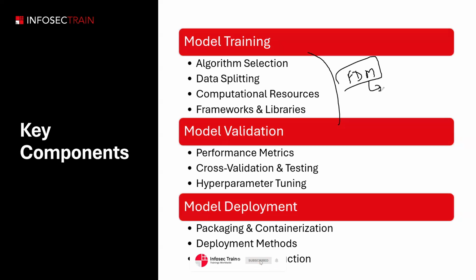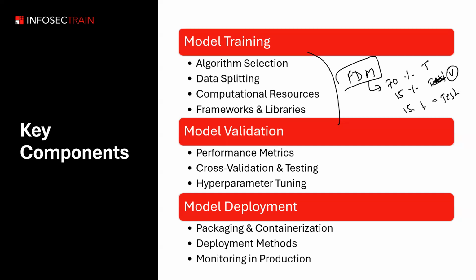Here the data was split: 70% is train, 15% is validate, and 15% is test. I repeat, first is train, second is validate, and third is test. So the data split is 70% training data, 15% validation, 15% test.